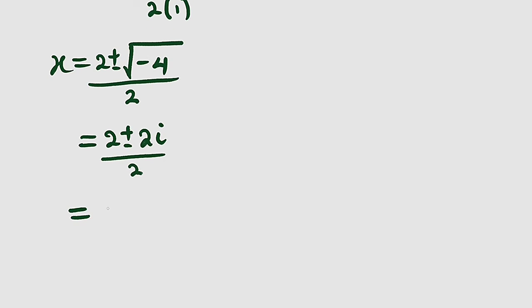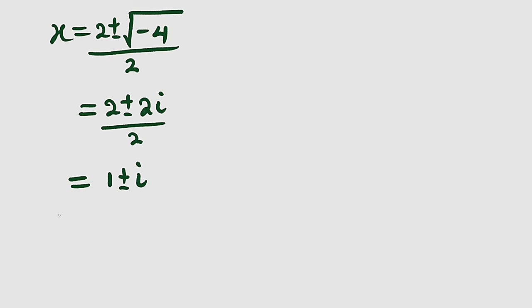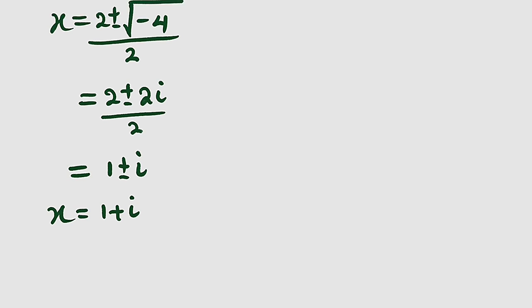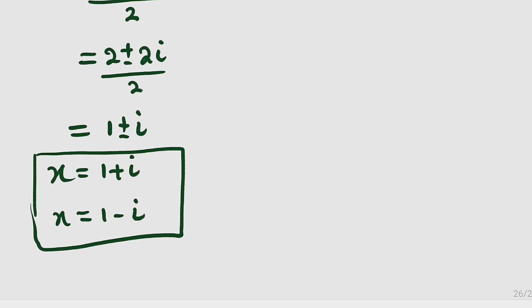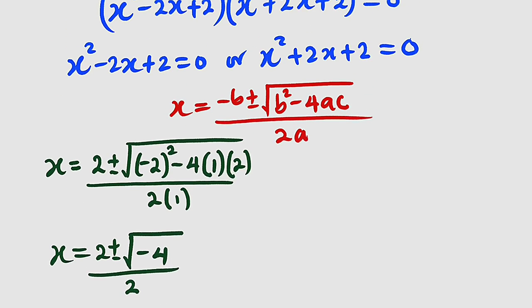This is equal to 1 plus or minus i if you divide the 2 by 2. So x could be 1 plus i, or x equal to 1 minus i. These are two solutions.